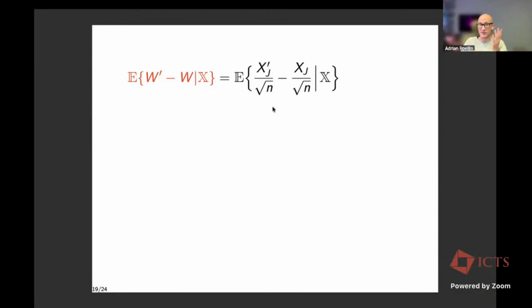So the difference is just the new random variable minus the old one, given X. Now, X prime is independent of X, so that expectation is just 0. And the old one is measurable with respect to X, all I need to do is average over J. J is still random, independent of X. I have to average over that. That'll give me a sum. 1 over n here is just the probability of picking each specific index. So that's the quantity that we get.